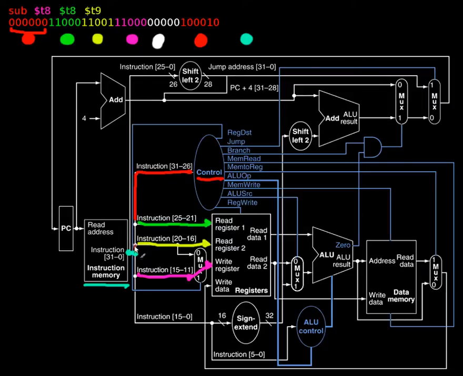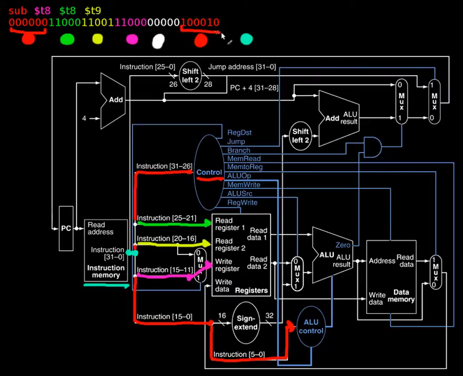Oh, and one last thing. The bits 15 through 0 include these red bits here, these white bits here, and also these pink bits, but these red bits are all that matter. Past this juncture some irrelevant stuff happens, but the last 6 bits, 100010, get passed to the ALU control.